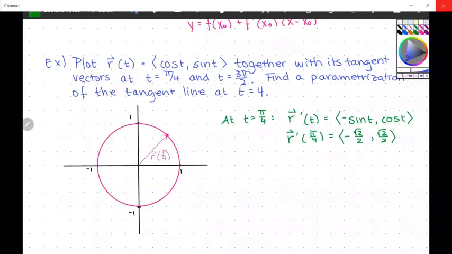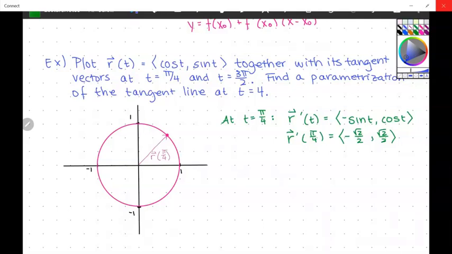So this tangent vector says from this initial point, go negative root 2 over 2 units in the horizontal direction, root 2 over 2 units in the vertical direction. So again, just eyeballing it, we're going to go negative 0.7, 0.7 from that initial point.